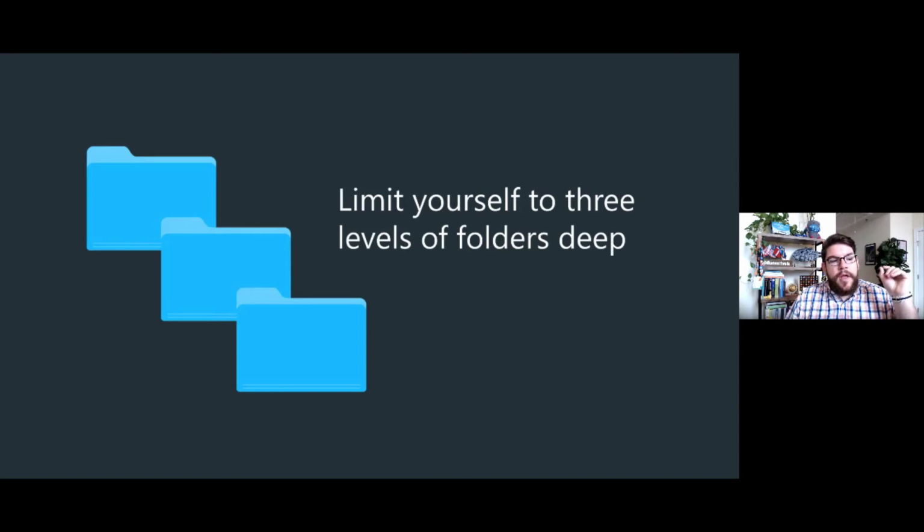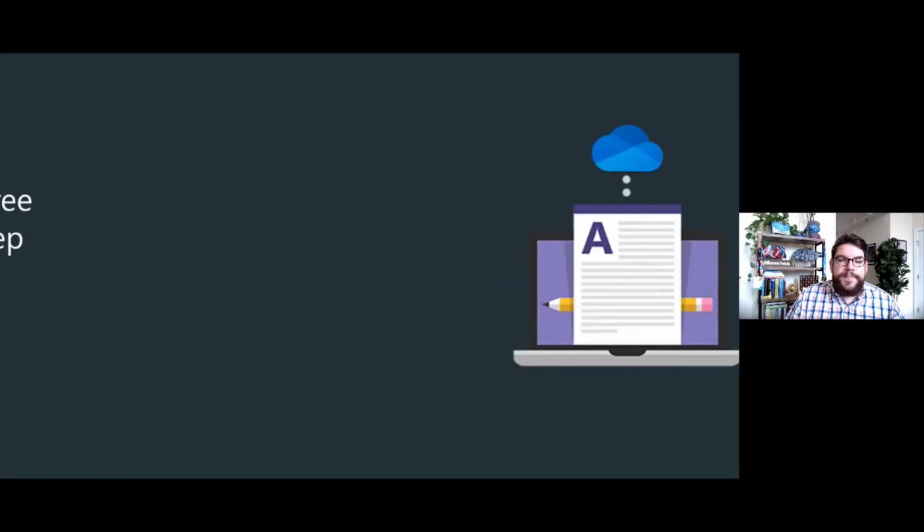However, if you limit it to 3, there's not that much clicking to do. You're not going to get too lost, and there's almost no chance that you're going to hit the URL character limit because you can't have a folder name too long, and if you multiply that by 3 and then add on whatever your file name is, it's probably not going to be very long. But try to stick to 3 because it's only going to cause you problems if you don't. Take my word for it.